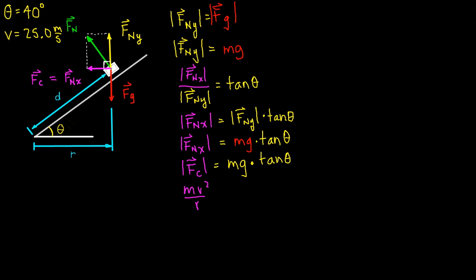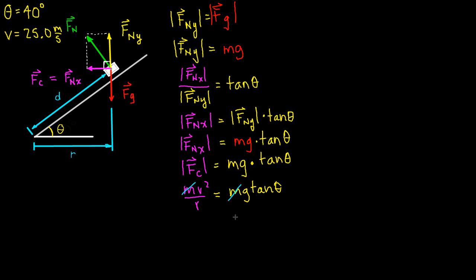And so, using that in our relationship, we have mg tan theta equals mv squared over r. I'm going to just divide out my m's, so it's mass independent. We don't really care what the mass of the vehicle is, so this could be a 500 kilogram really fast stripped down vehicle, or it could be a 1,000 kilogram heavier vehicle. The solution to this will be the same. It will remain the same.